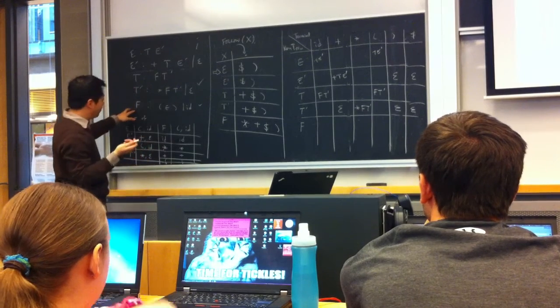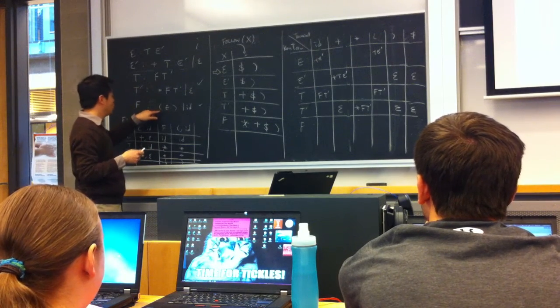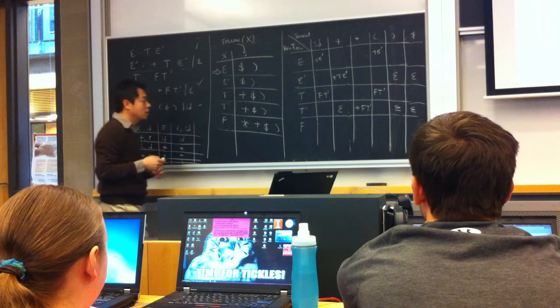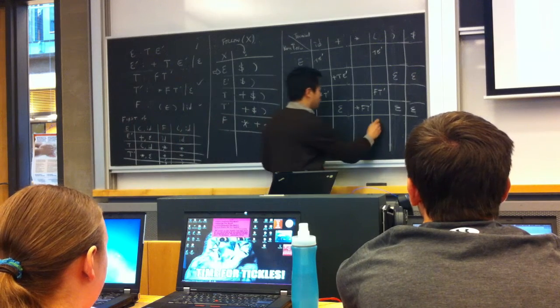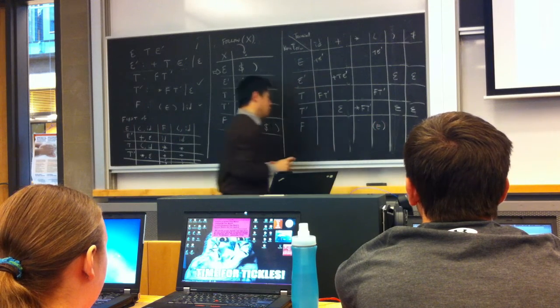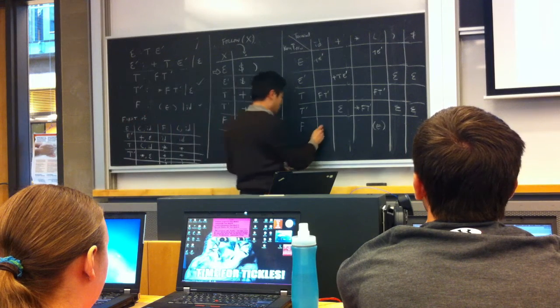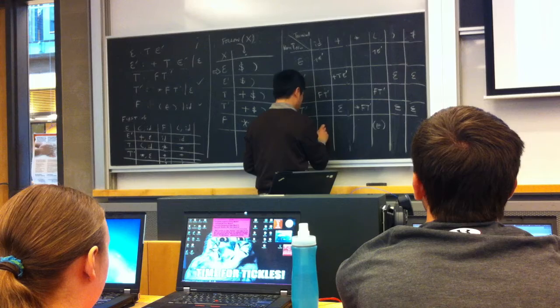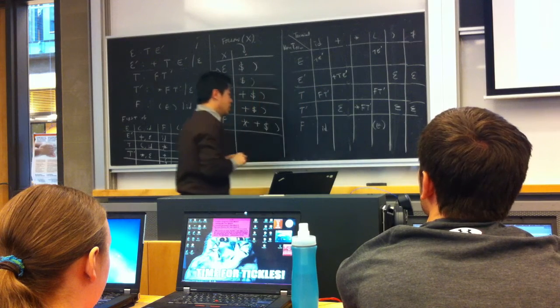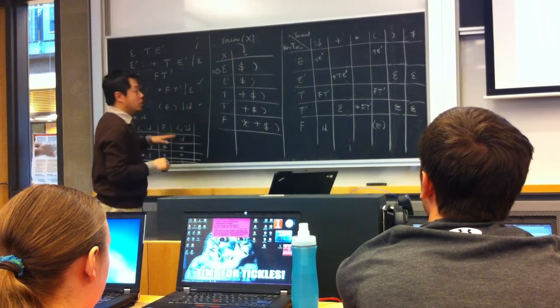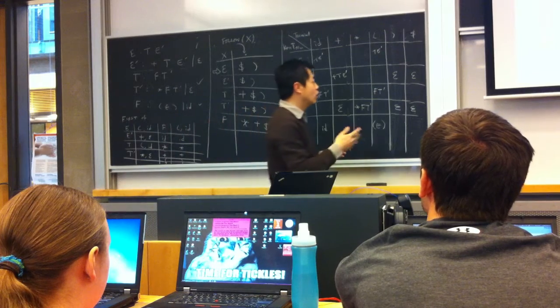And then finally F. When would you use open bracket, E, close bracket? That's when you encounter open bracket. And when do you use ID? That's when you see ID. And you don't need to worry about the follow set for that.